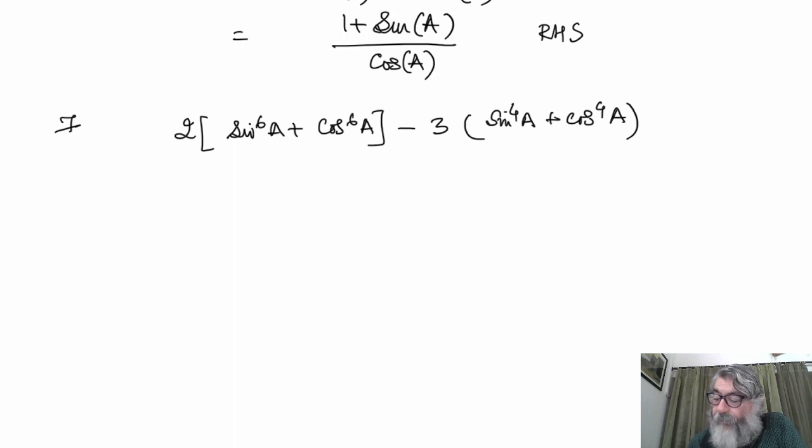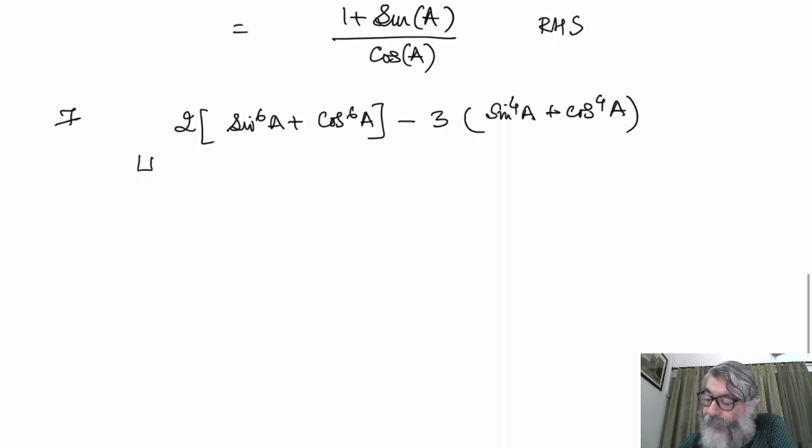In this only the left hand side is there. We have to find the value, so we start the question itself. There is no question of a left hand side here.